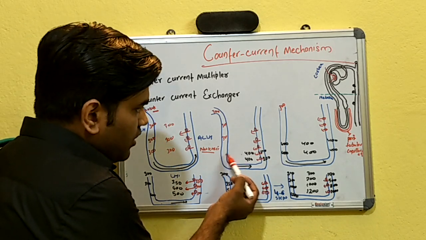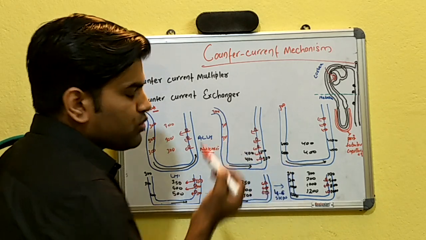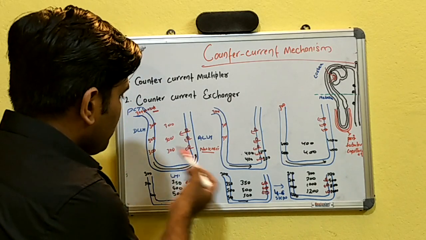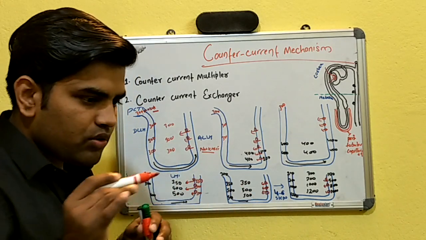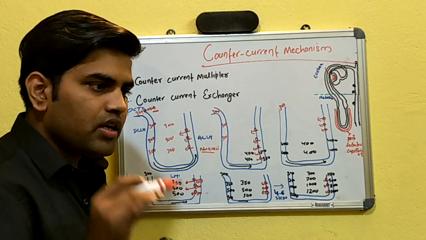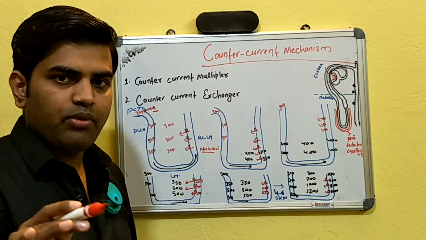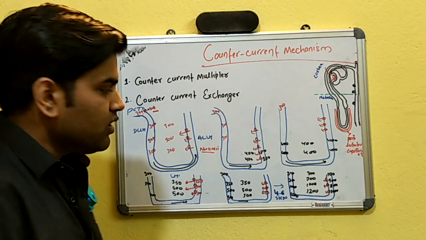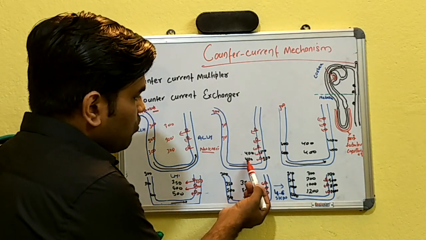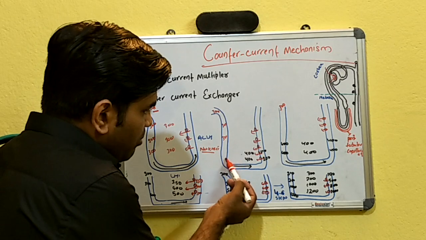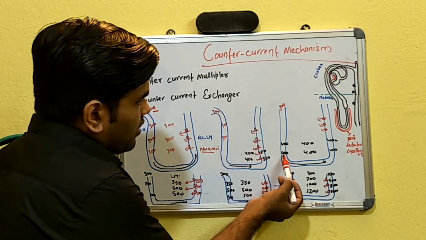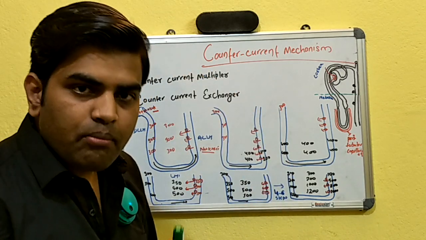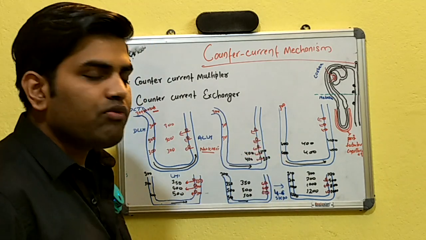Here also the osmolarity will go to 400. I have already told you, this is normal: if you understand water diffusion, water will always try to reach equilibrium by maintaining the osmolarity. Since here it becomes 400, now water is more here, so water will make equilibrium and make the osmolarity 400.